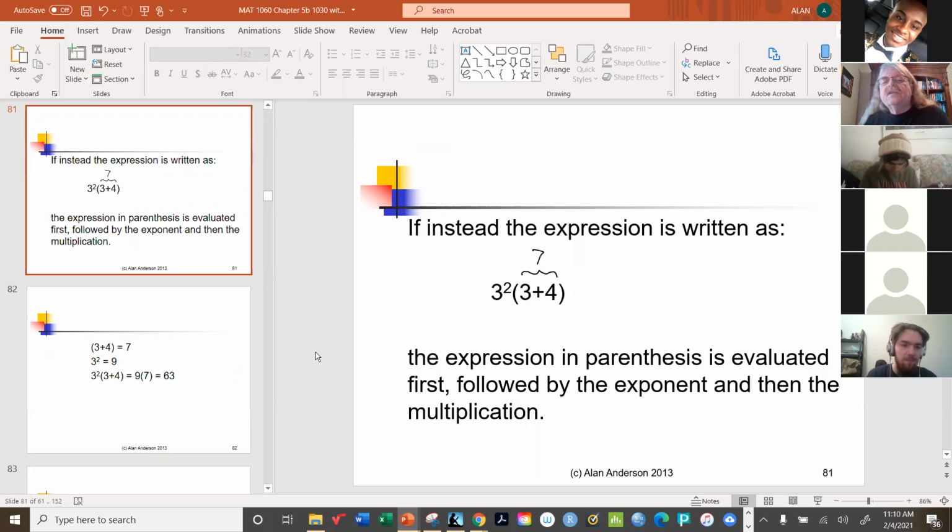And then you evaluate this 3 squared, and that's going to leave you with 9 times 7. And finally, you'll end up with 63. Because we do the parentheses first, we square the 3, and then only at the end do we multiply them together.